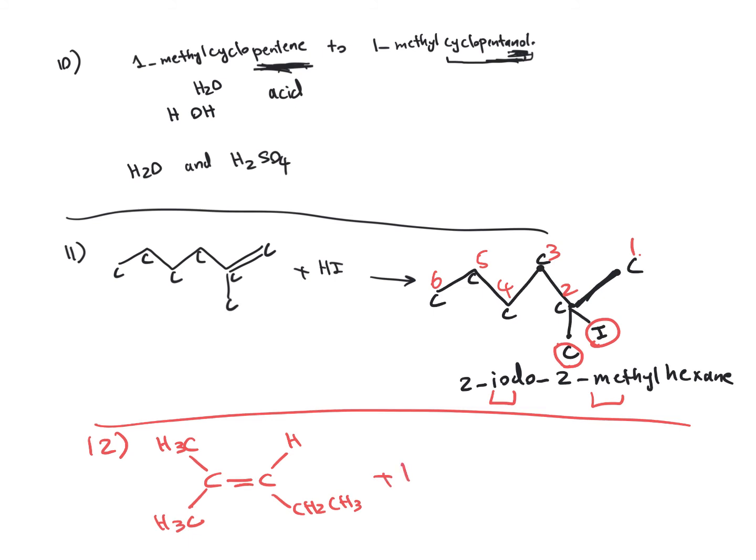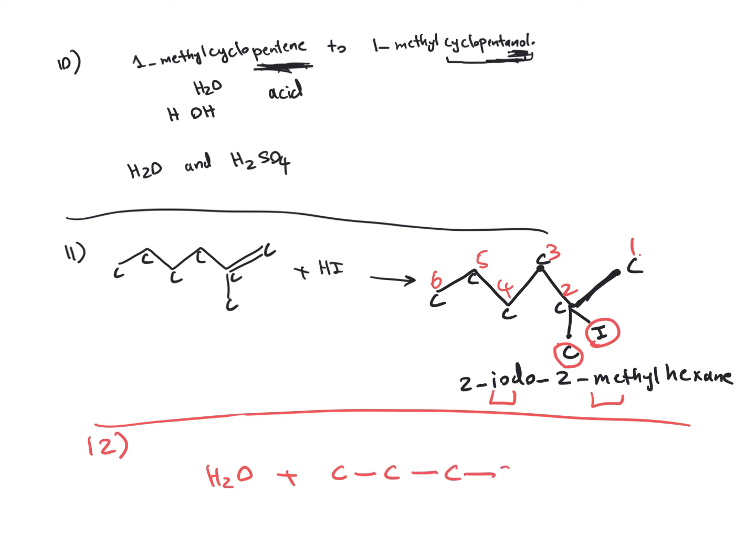Oh, sorry, this is the next question. Okay. That is the next question. So here, what is observed when water in the presence of sulfuric acid is added to 2-methyl-2-pentene?